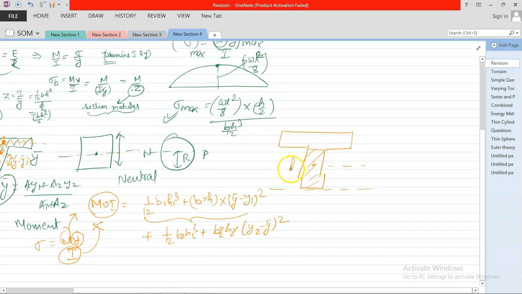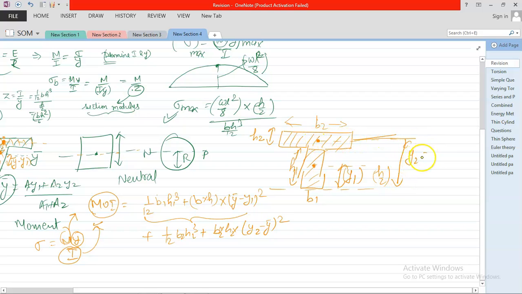So for the center of gravity of this figure, suppose this is h1, the height, and this is b1. Now this is h2. Take this distance, this is your y1, the half distance, that is h by 2. Now from the datum, the center of mass of this figure would be h plus h1 plus, so here the center of mass will be.